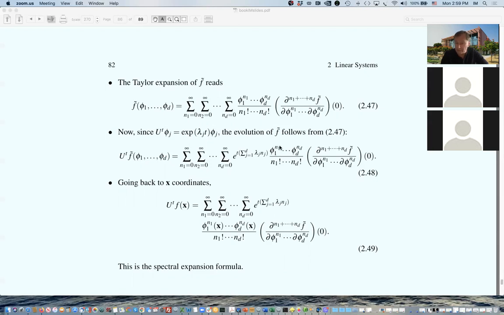But there are powers of eigenfunctions, right? So phi_1 to the n_1. And so U^t acting on phi_1^n_1.